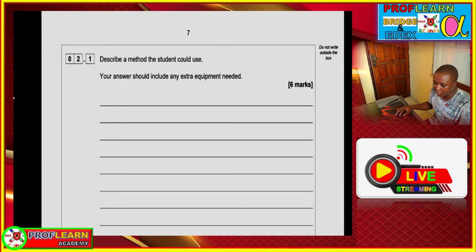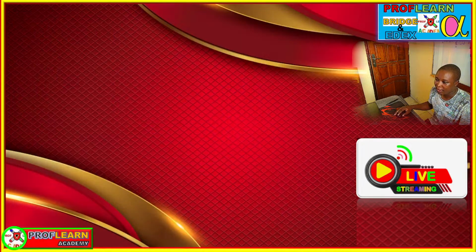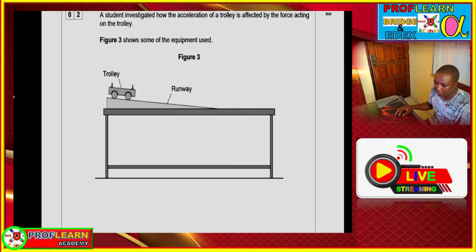But what is the investigation all about? The investigation is about how acceleration is affected by the force acting here. So something we really ought to consider is that we need to identify how the force is going to be varied.